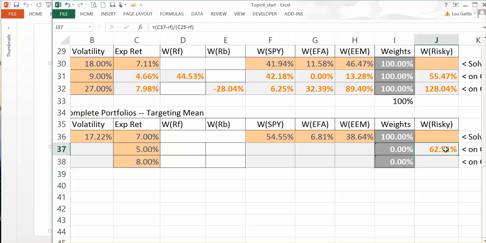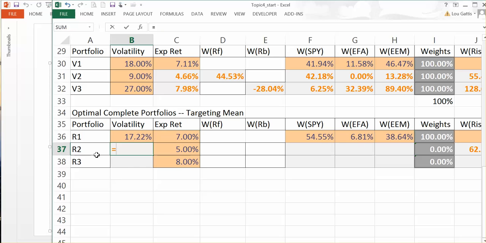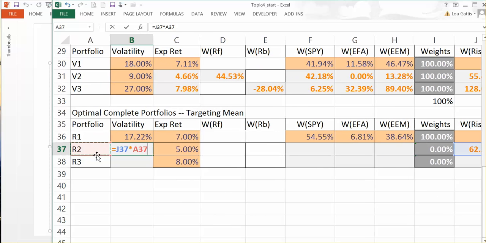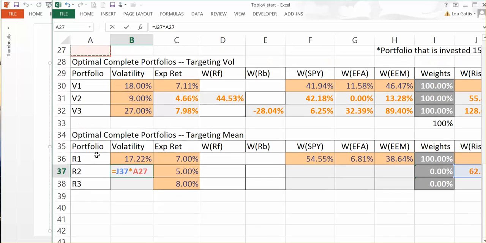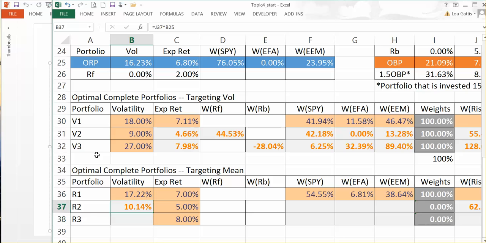That portfolio is 62.5% invested in the optimal risky portfolio. That portfolio is going to give me a volatility of 62% of the volatility of my optimal risky portfolio, 16.23, since the volatility of a portfolio that combines risky and risk-free asset is simply the weight in the risky times the standard deviation of the risky.